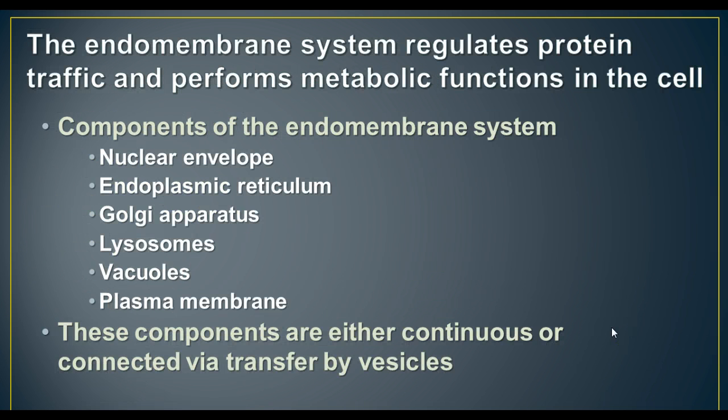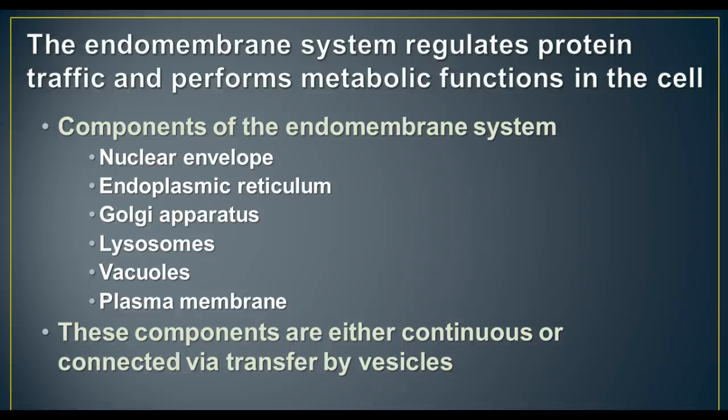The endomembrane system is really in charge of regulating the traffic of proteins, and it also performs other needed metabolic functions in the cell. The things that you find as part of the endomembrane system are the nuclear envelope, the endoplasmic reticulum, both rough and smooth, the Golgi apparatus, lysosomes, vacuoles, and the plasma membrane.